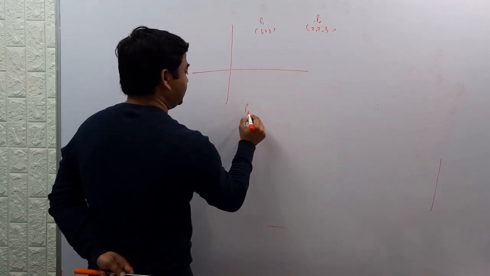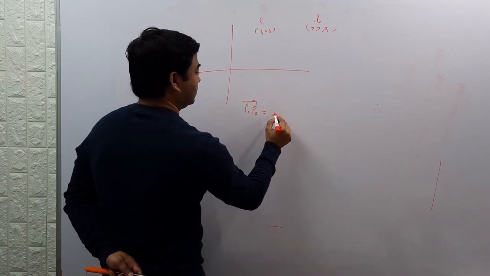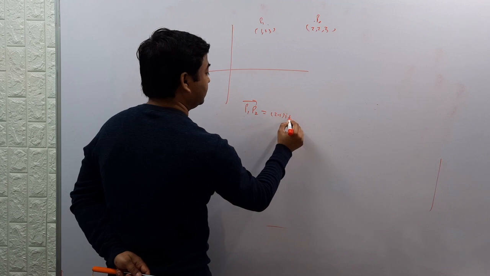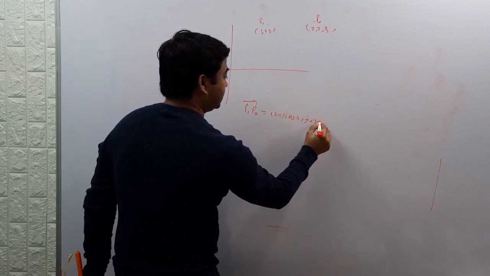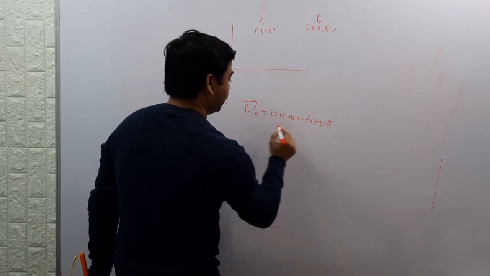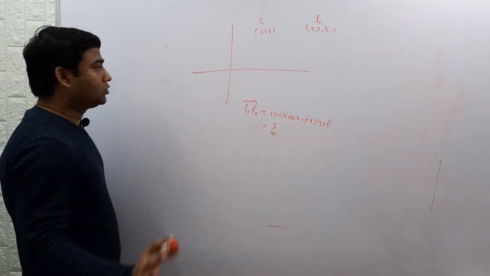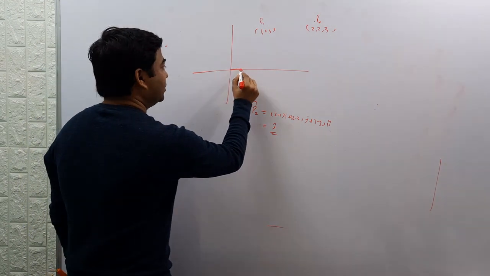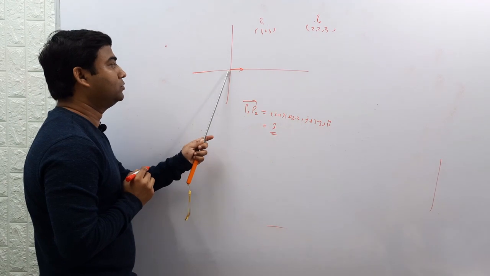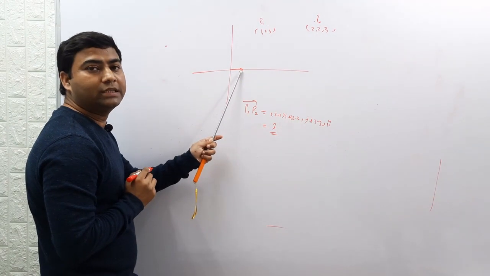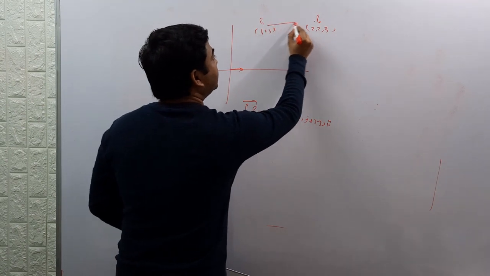So you can say P1P2 is equal to (2 minus 1) i plus (2 minus 2) j plus (3 minus 3) k, which is i. So you should not think that i is located only on the x-axis, starting from 0 to unit distance. This vector P1P2 is also i.